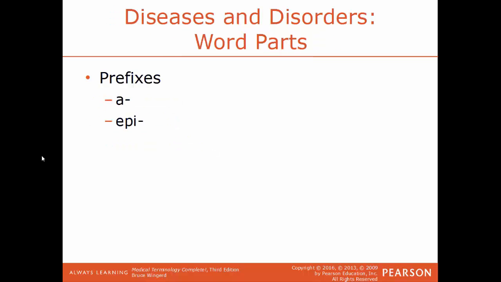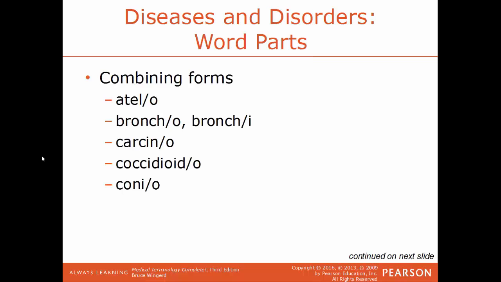Alright, now we'll talk about some diseases and disorders and their word parts. Start with the prefixes, ones we've already seen before. A means without or lacking. Epi means above. Some common combining forms that you'll see. The first one, atelo, means incomplete. Broncho, or bronchi, is a reference to the bronchioles, or the bronchial tree.